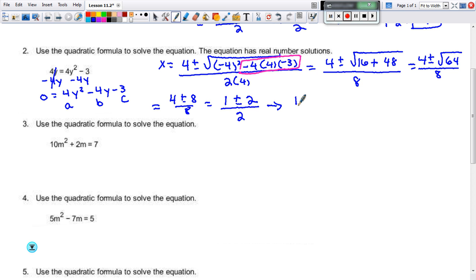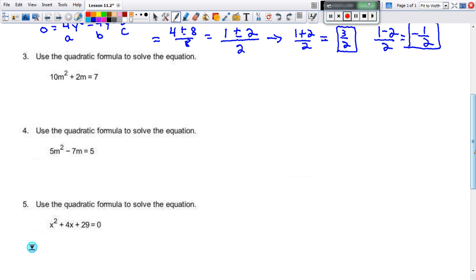You get 1 plus 2 divided by 2. That equals 3 halves, 3 over 2. That's one answer. And you get 1 minus 2 divided by 2. That equals negative 1 half. That's the other answer.